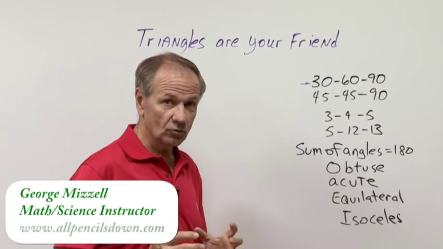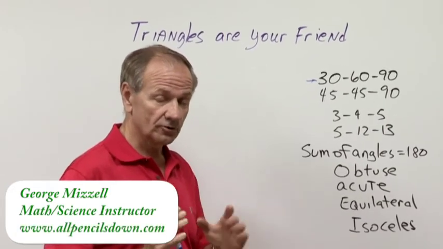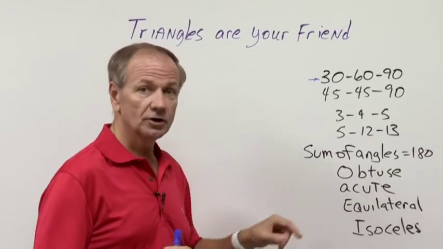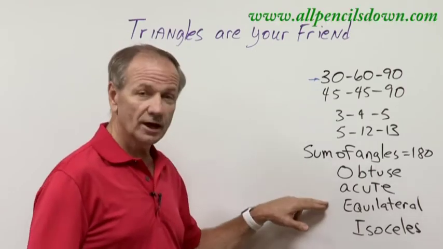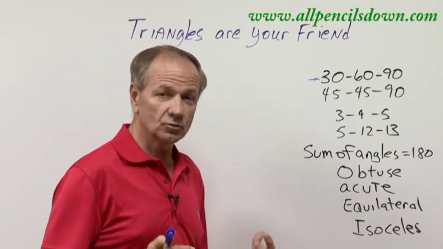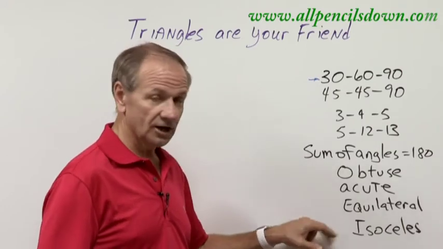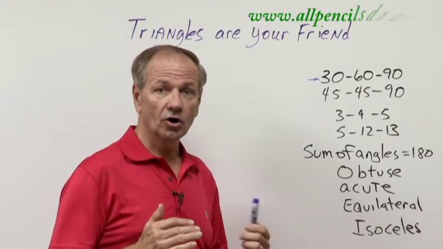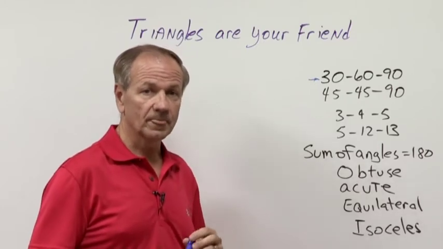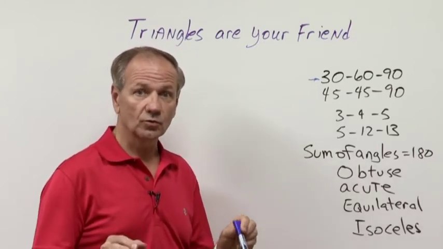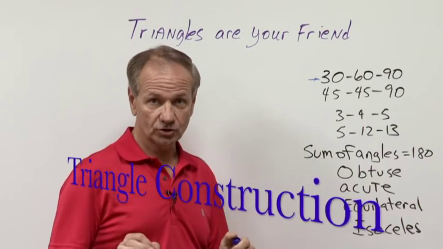The sum is still 180, but one angle is greater, and we'll look at those in just a minute. Acute means that all of the angles are less than 90 degrees. Equilateral, all angles equal 60 degrees. Isosceles, two angles are the same, and we'll look at what else that tells us when we take a look at that. But first, I want to start with triangle construction.